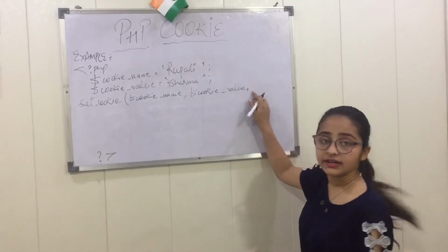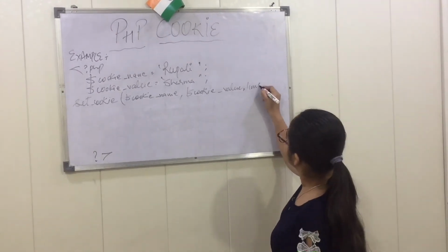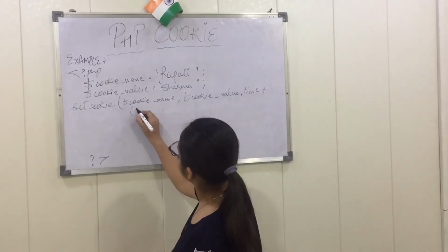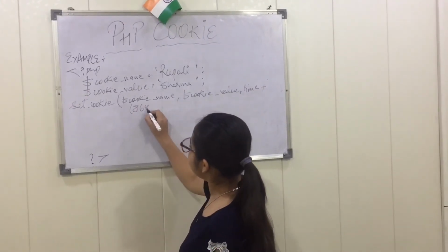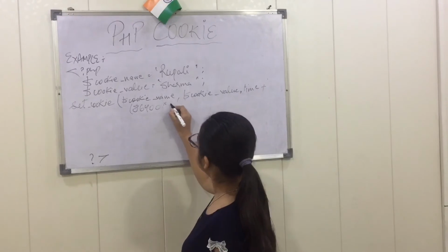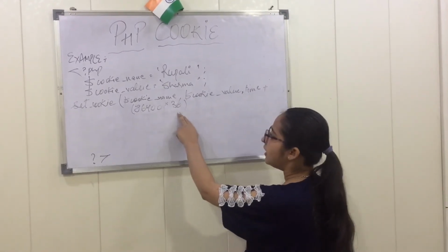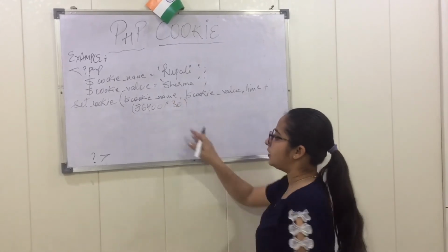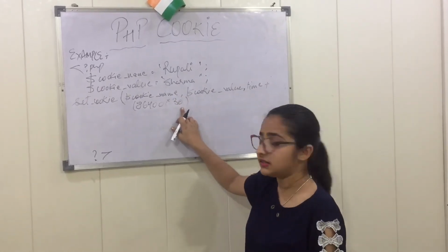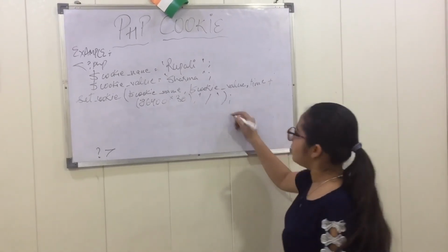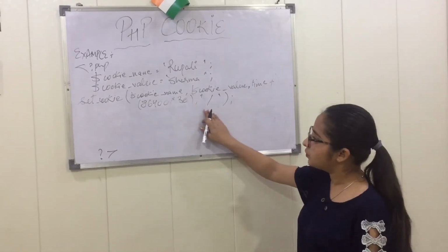After that we will write the time, and then plus the time is 86400 into 30, because this is 1 day, and after the 1 day we can calculate the days, that is 30 days in a month. After that the file path in this way. After that semicolon. So we have created a cookie.